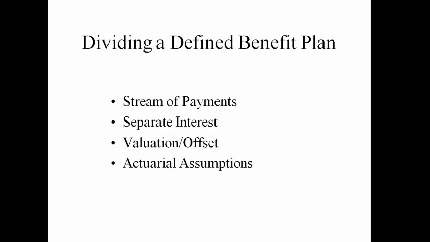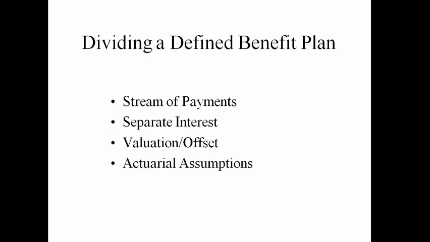There are two basic methods that are used when we divide a defined benefit plan between two people in a divorcing couple. First, we must decide whether the plan to be divided is a cash balance plan or a defined benefit plan.